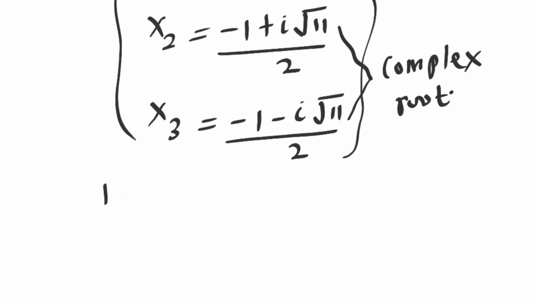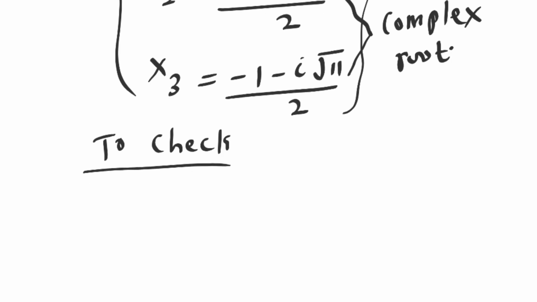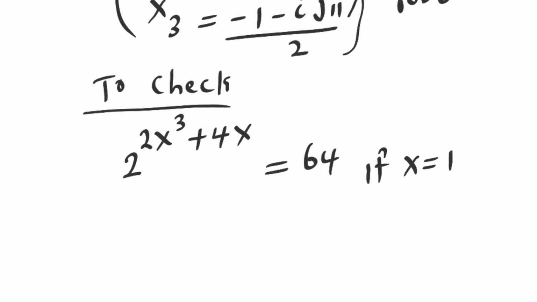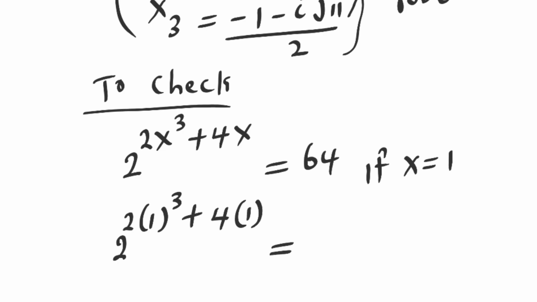To check, we have the given equation 2 raised to power 2x³ + 4x is equal to 64. If x is equal to 1, this is 2 raised to power 2(1)³ + 4(1) must be equal to 64.